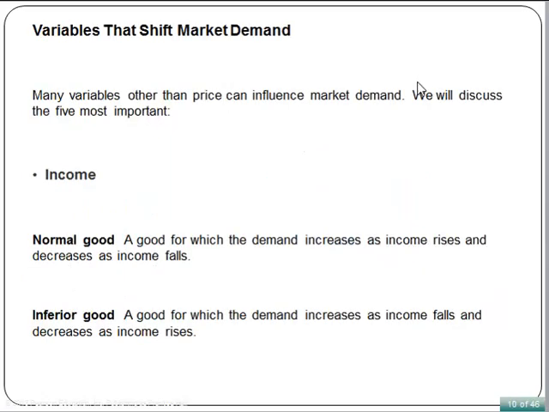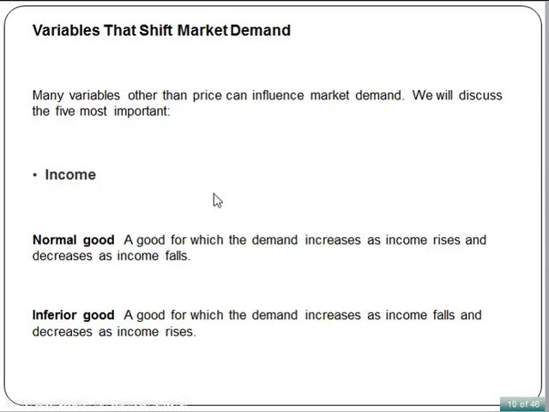So what we need to find out is what are the most important variables that shift the demand curve, making demand shift to the right or decrease and shift to the left. The five most important variables start with income.